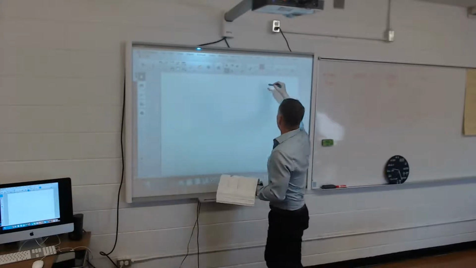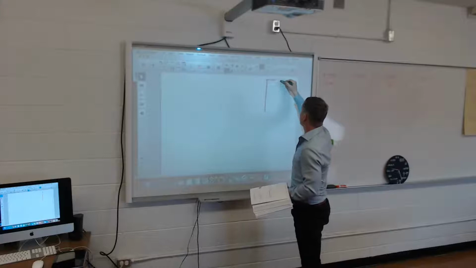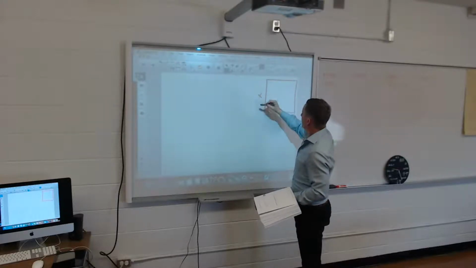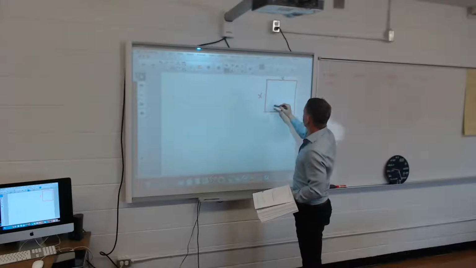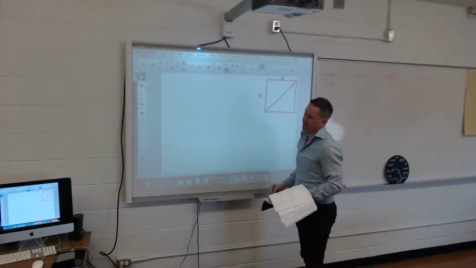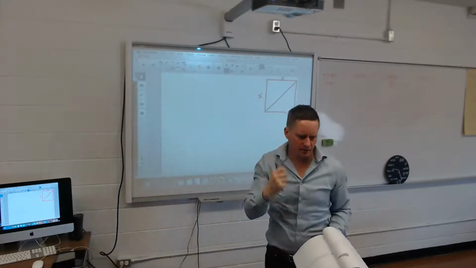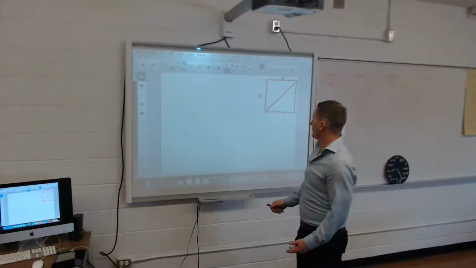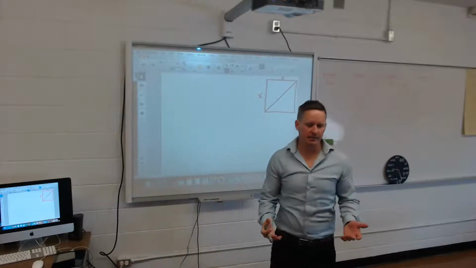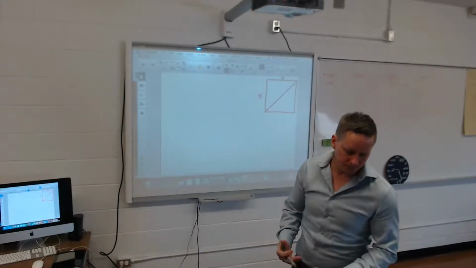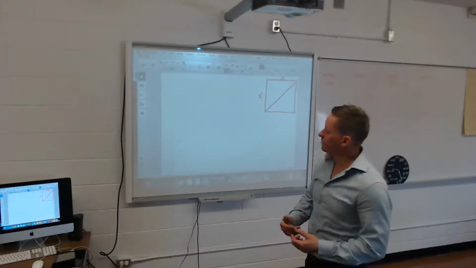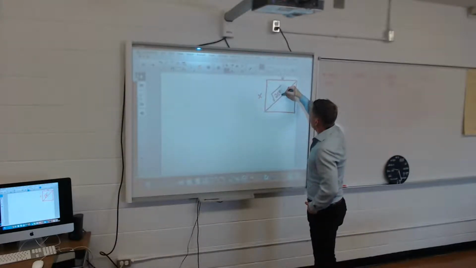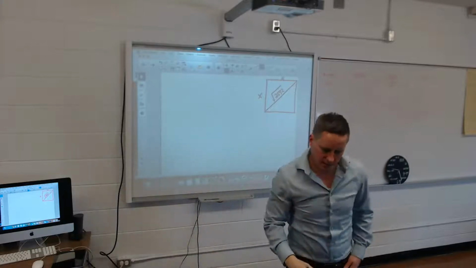Okay, so again, I'm going to start by drawing it out. I'm going to go x, x, and use my diagonal. So I'm going to ignore the 3 by 3, the 9 centimeters squared, for right now, and I'm going to just use this here. So this is square root 2592.